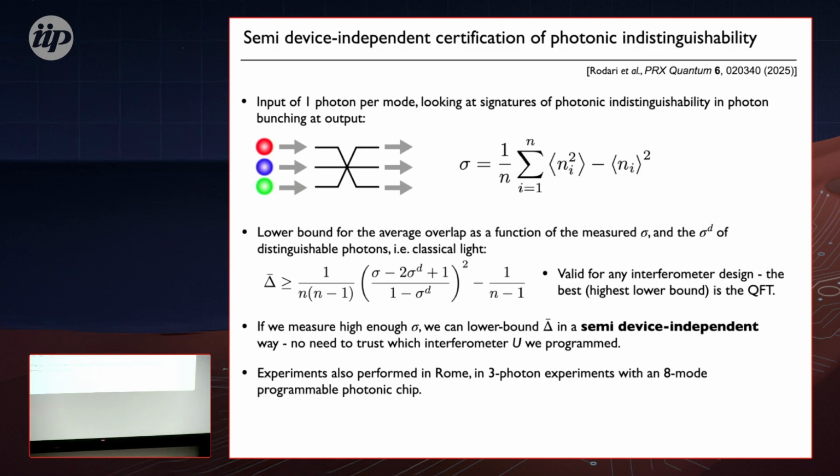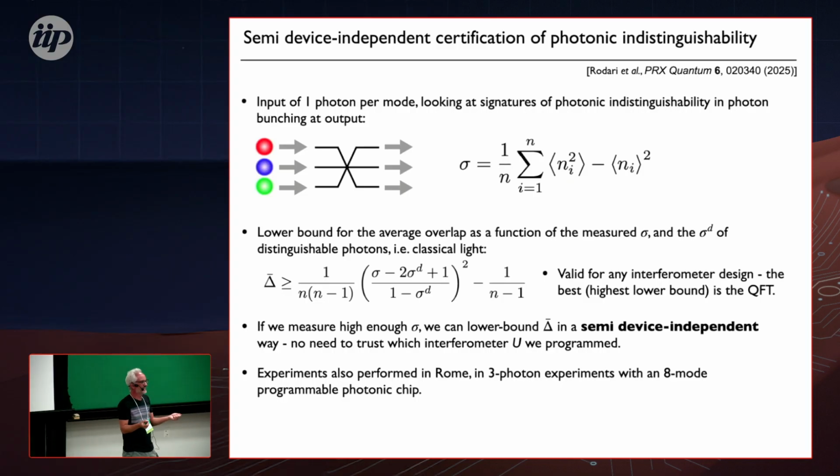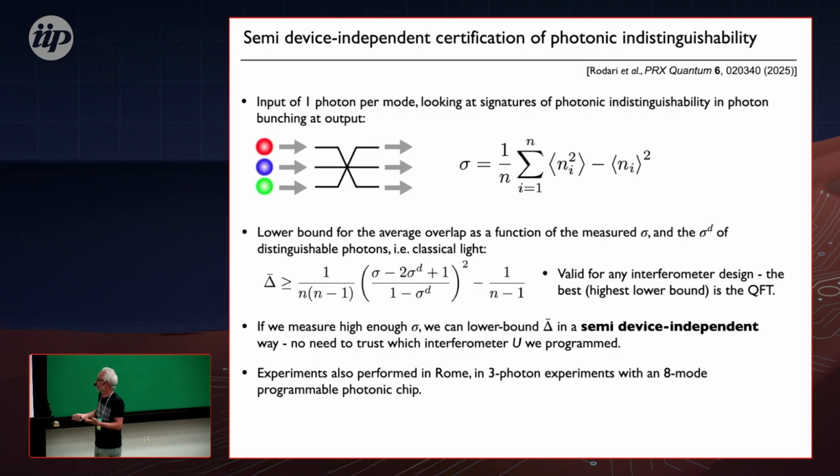It's robust. It's very robust, okay? If it's close to the QFT, this thing will be a very good bound, okay? So this is something that's interesting for certification of photonic quantum computation. And there were some experiments done here in a similar setup to what I showed you, using programmable interferometry.